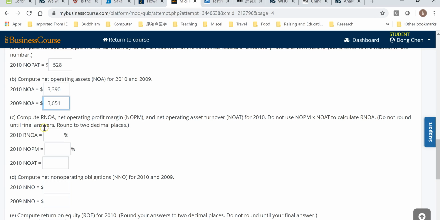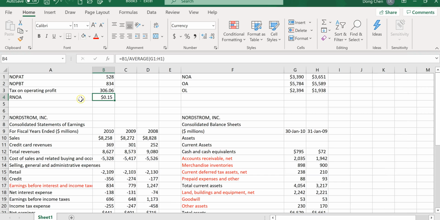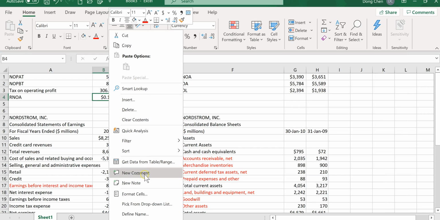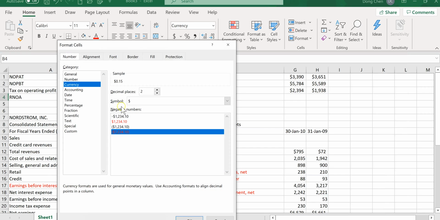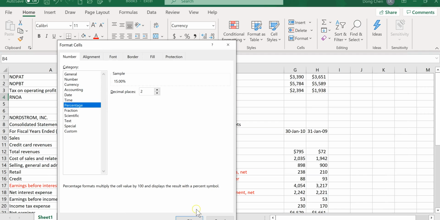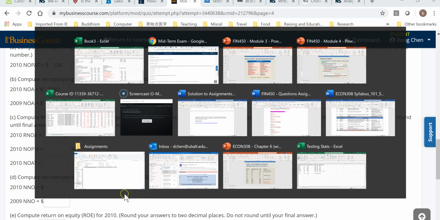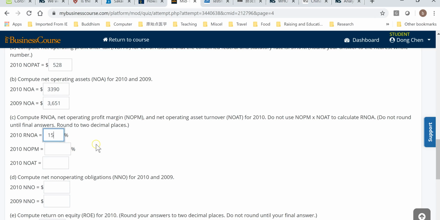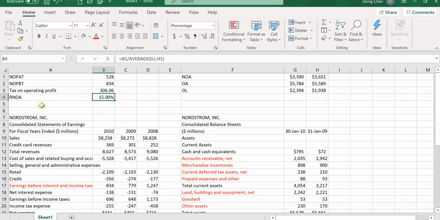Do not round until final answers. Round to two decimal places. So here, let me keep 2 decimal places before the percentage sign. So we use a percentage, and this turns out to be 15%. This is 15%, and the 2010 NOPM.